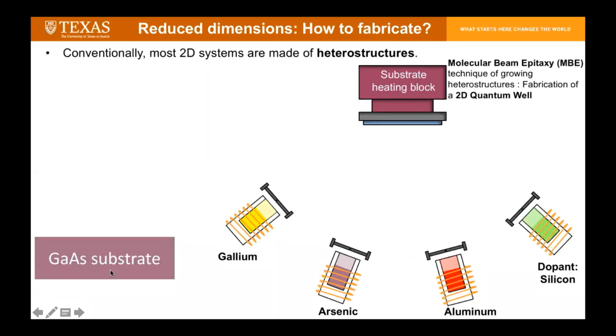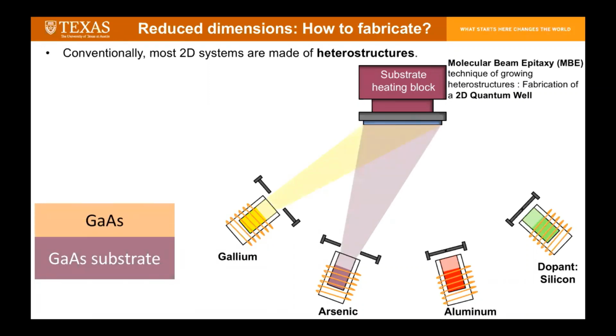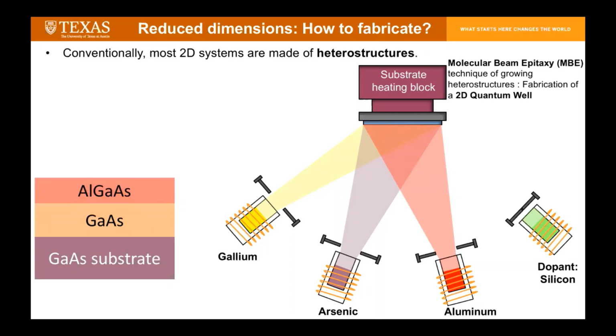So you start off with a gallium arsenide substrate, and you have these things called effusion cells for MBE. You open up the gallium and the arsenic effusion cells, and you grow a layer of gallium arsenide, followed by a layer of aluminum gallium arsenide, which we call AlGaAs.